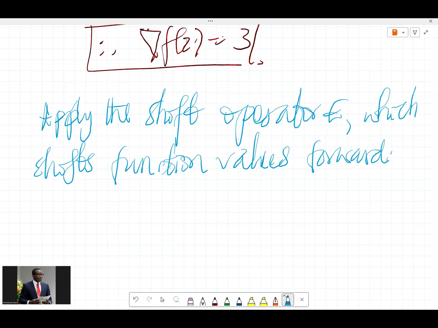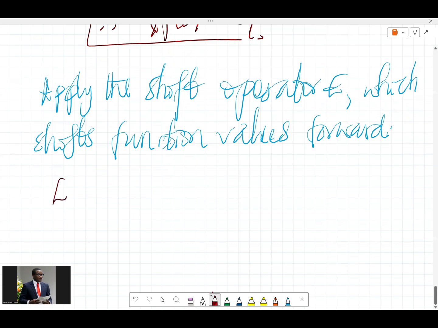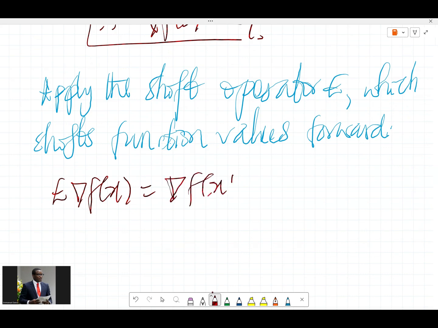So we're applying that to the backward difference now. The shift operator together with the backward difference of f of x will just give us the backward difference of f of x plus h. Because it's shifting forward, h moves a step ahead. That's what the shift operator does.